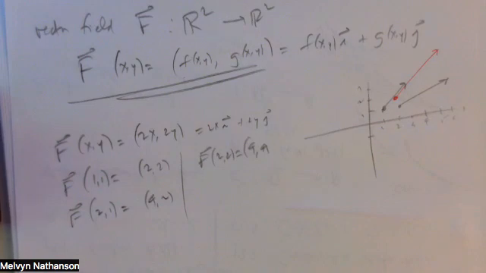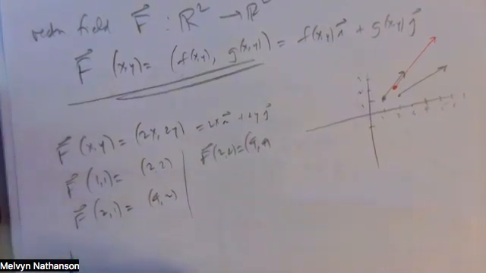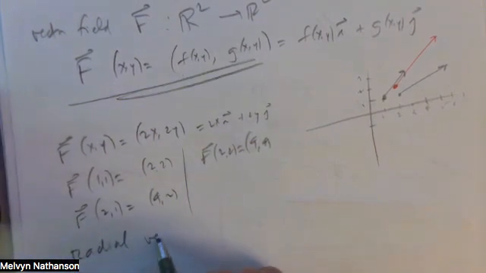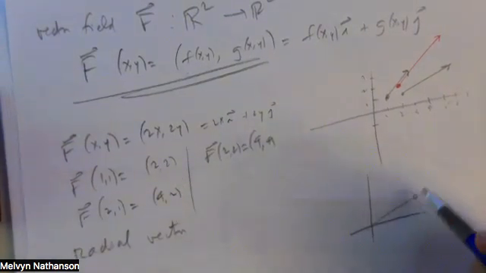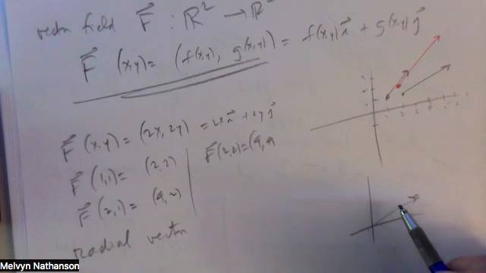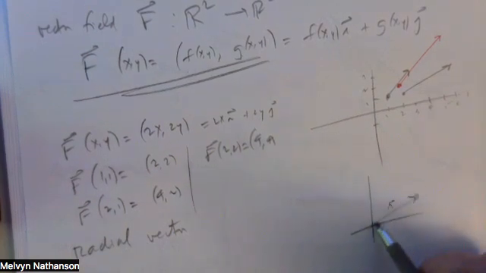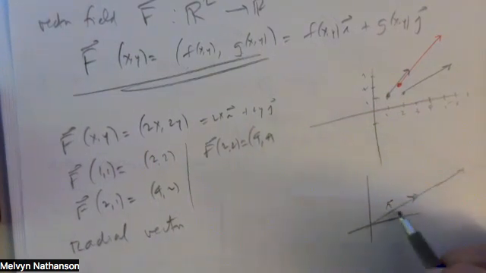What are very, very important are what are sometimes special case vector fields, which are radial vector fields. A radial vector field sends every vector r to a vector always in the same direction, some multiple of r.